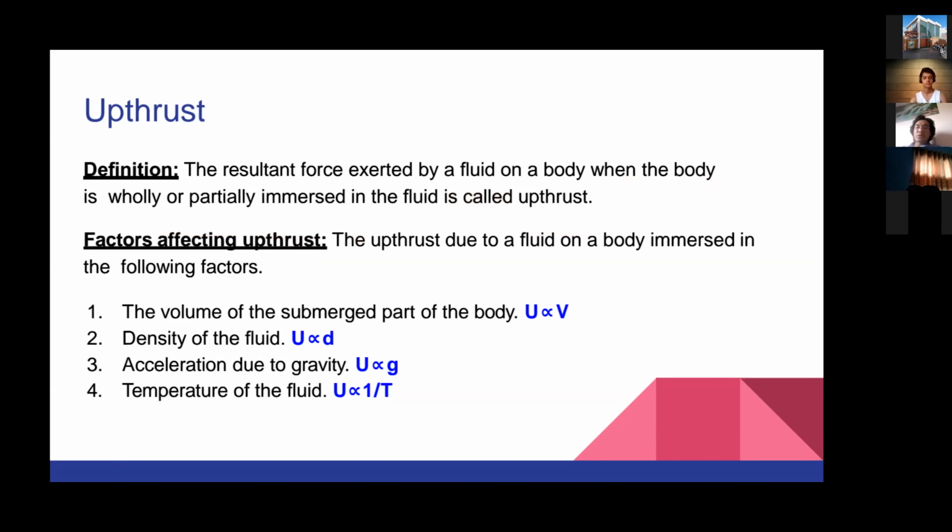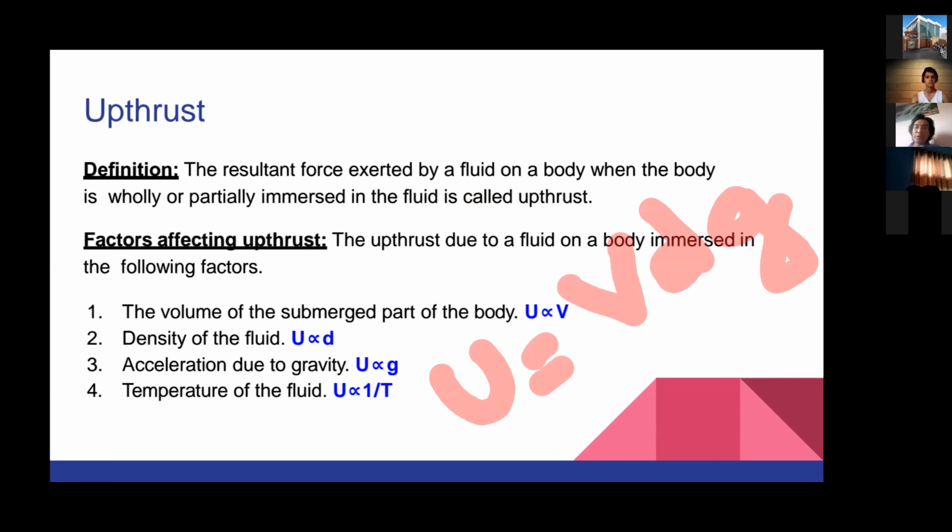Now let's go to another topic, students: factors affecting upthrust. The formula for calculating upthrust exerted by a liquid is given by the relation U equals V d g, where U stands for upthrust, the force measured in newtons, and V for the volume of the submerged part, which is equal to the volume of displaced liquid.